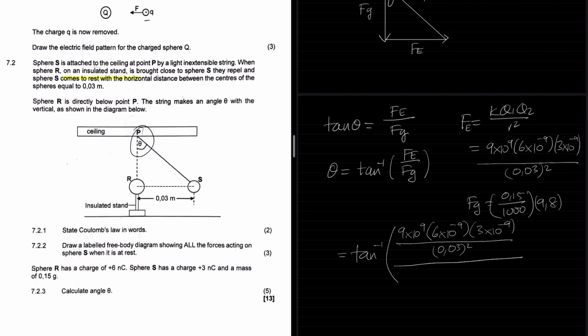Then that's all over 0.15 over 1,000 times 9.8. You put that all in your calculator and you get an answer of theta being 6.98 degrees.